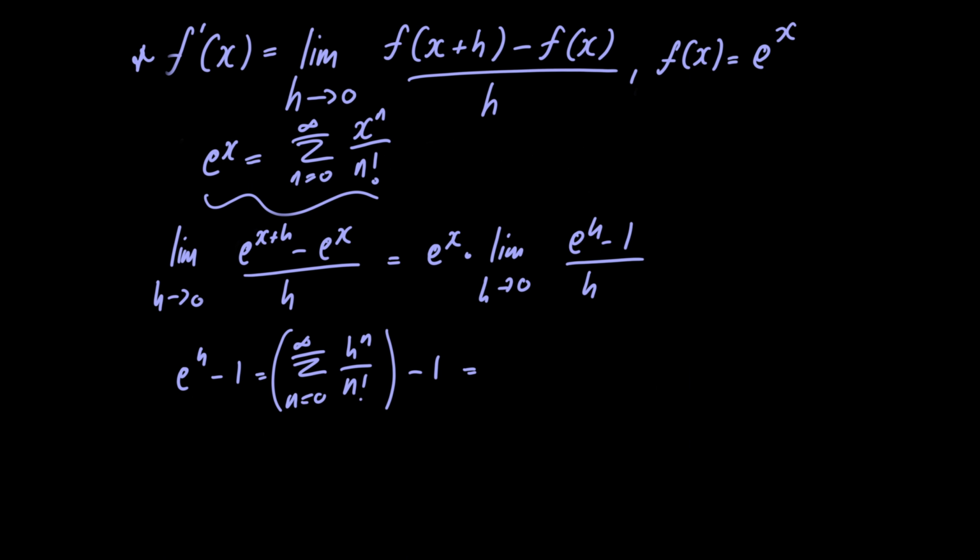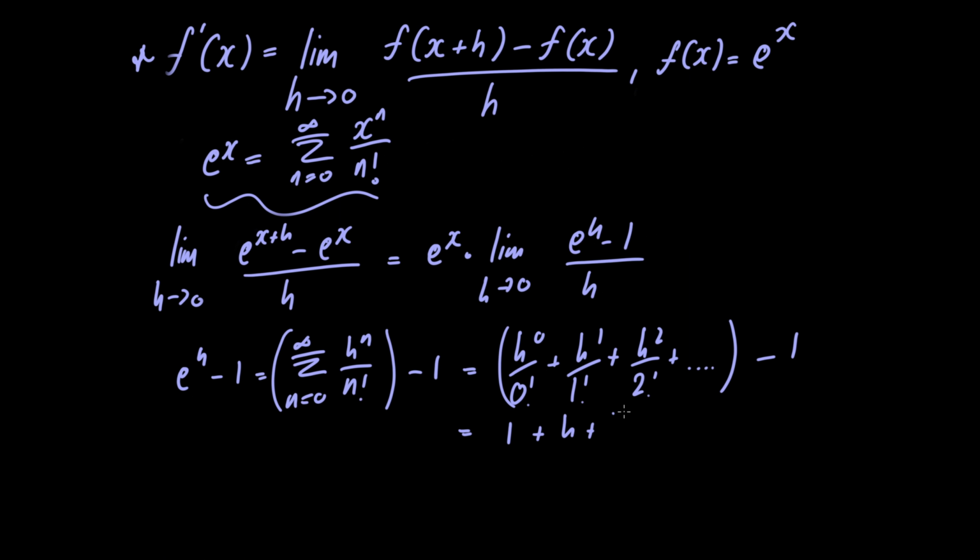This is equal to h raised to 0 divided by 0 factorial plus h raised to the first power divided by 1 factorial plus h squared divided by 2 factorial, and so on and so forth, minus 1. This simplifies to 1 plus h plus h squared over 2 factorial, minus 1. Now we have a 1 here, these two cancel, so we're just left with h plus h squared divided by 2 factorial, and so on and so forth.